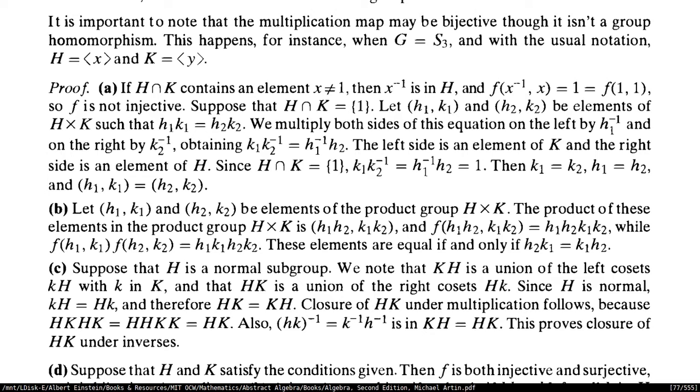So HK multiplied then taken inverse is going to give you the multiplication of the two inverses, K inverse H inverse, so this is going to be in KH. This shows that they are closed under inverses, and thus HK is a subgroup of G. Nothing really much in this.